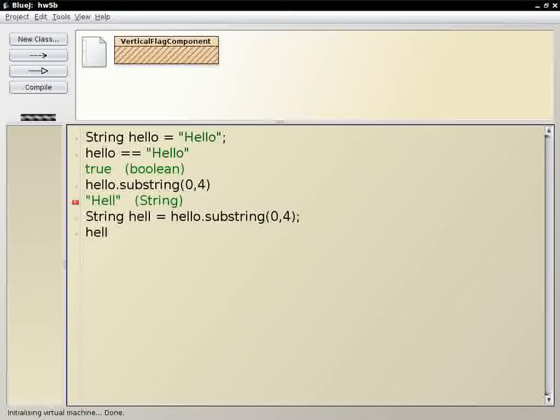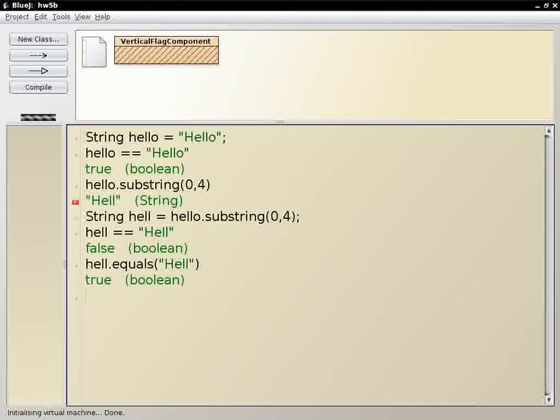And I'm going to check whether that is what you've just seen it to be, namely HELL, and the answer is no. But if I ask it, does it equal HELL, then the answer is yes.